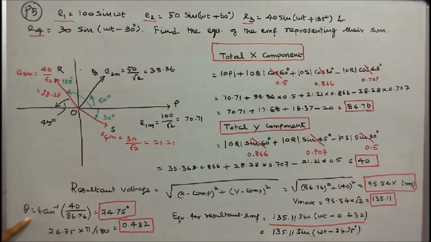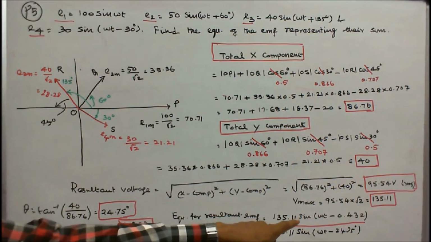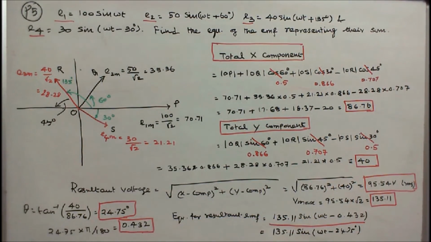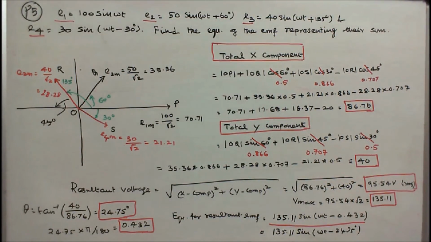Here theta is equal to tan inverse of 40 by 86.76, that is equal to 24.75 degrees. 24.75 into pi by 180, that is equal to 0.432 in radians. Therefore, equation for resultant EMF is equal to 135.11 sin (omega t minus 0.432) in radians, or 135.11 sin (omega t minus 24.75 degrees).